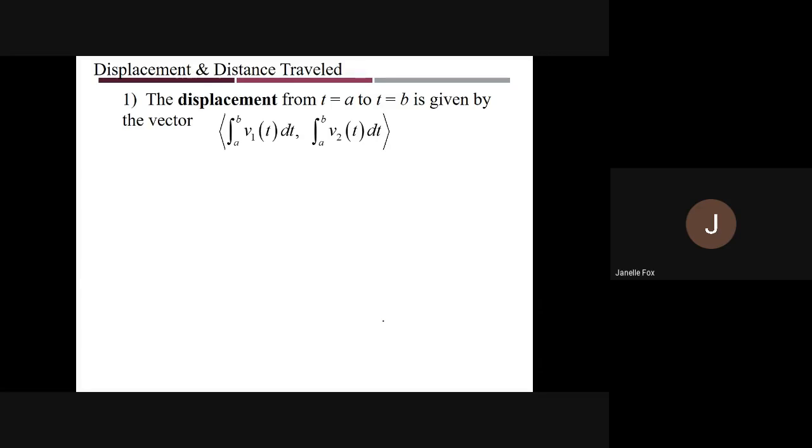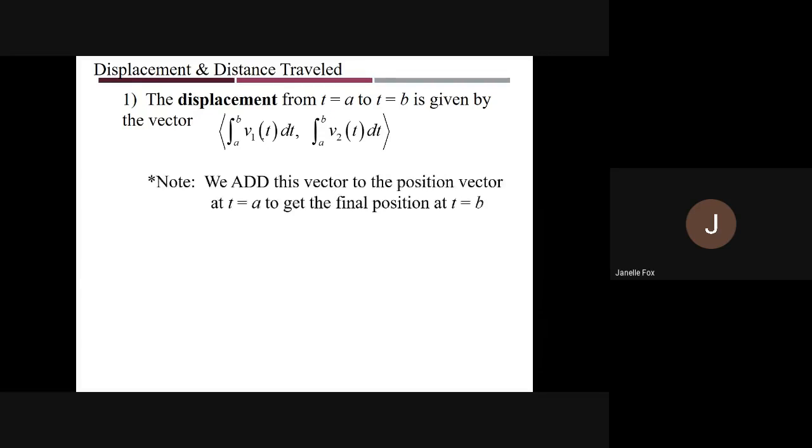So this is how far it traveled from time 0 to time 2, or time 0 to time pi over 4, whatever it is. And you do the integral of the velocity vector. You are going to get some numbers, because these are definite integrals, since we have the A and the B. So what are we going to do with those numbers?